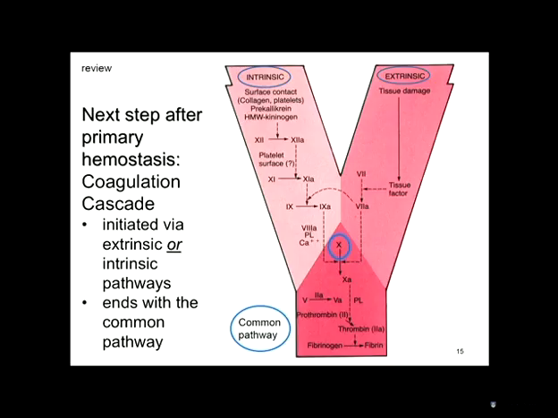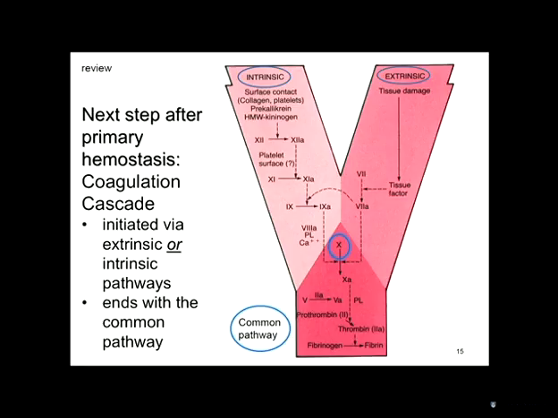But this is the step where the coagulation cascade can be triggered either by intrinsic or extrinsic factors. And no matter which way it starts, whether it's tissue damage extrinsic or intrinsic, it all ends up with a common pathway, okay? And this is where all these other coagulation factors are important. And they're all produced in the liver. So von Willebrand factor is not part of this cascade, okay?